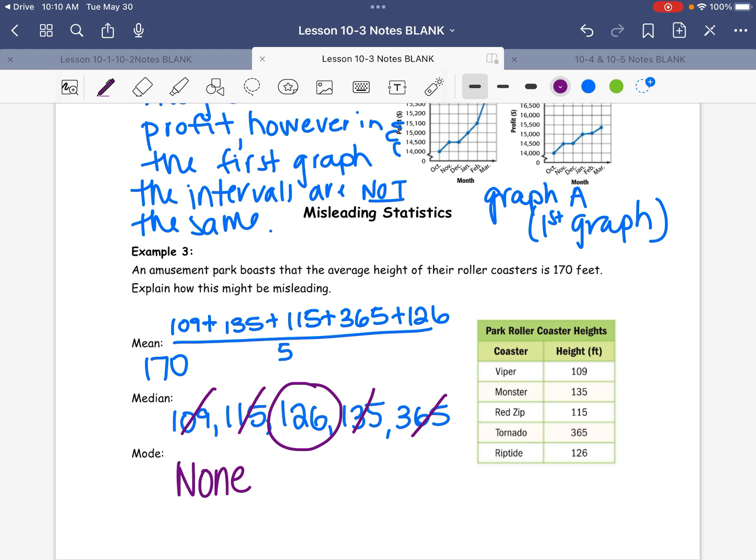So we can conclude that the average used by the park was the mean, because the mean was 170. This measure, though, is much greater than most of the heights listed because of the coaster that is 365 feet, the Tornado. So it is definitely misleading to the customers because of the Tornado.